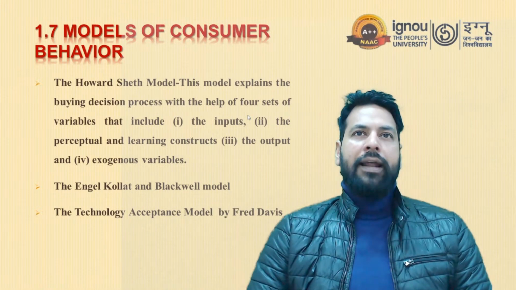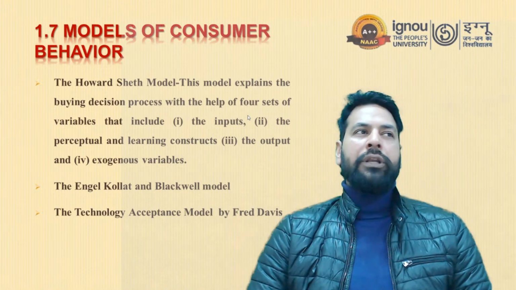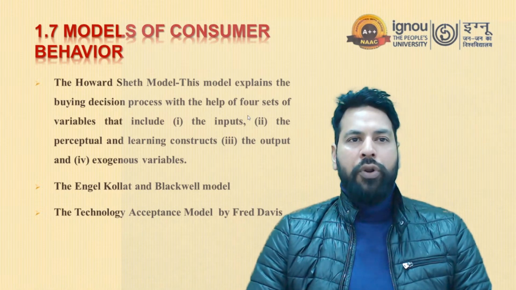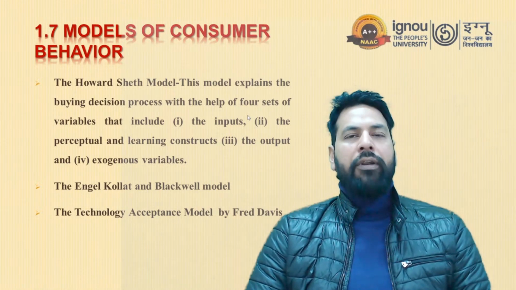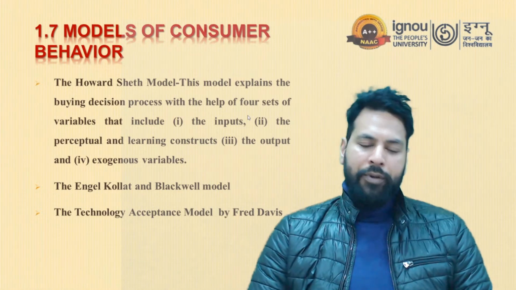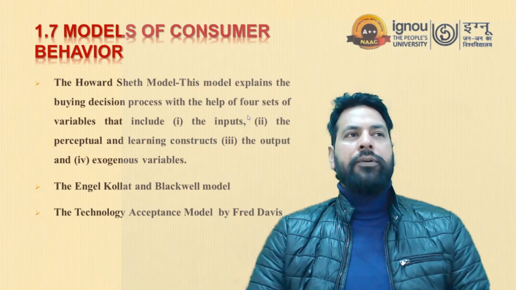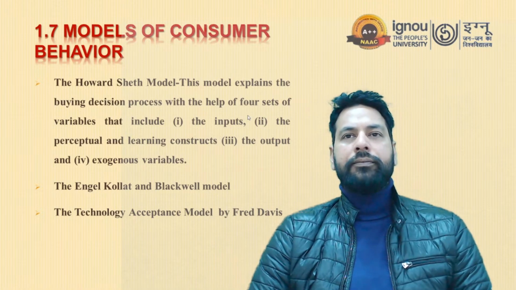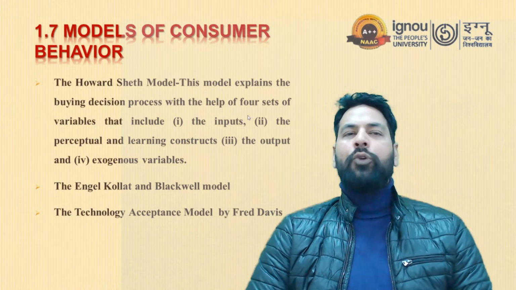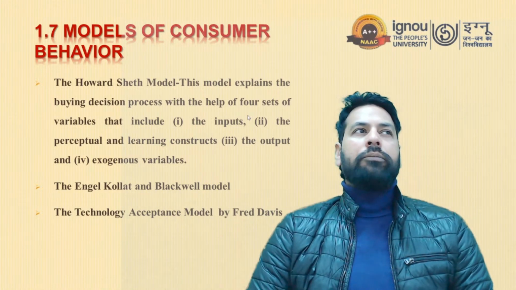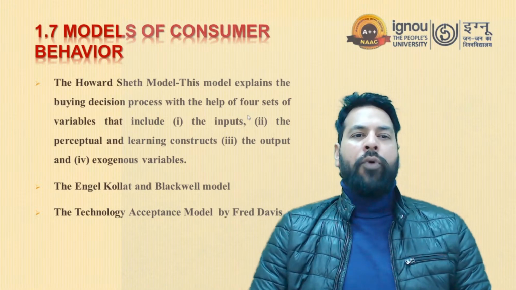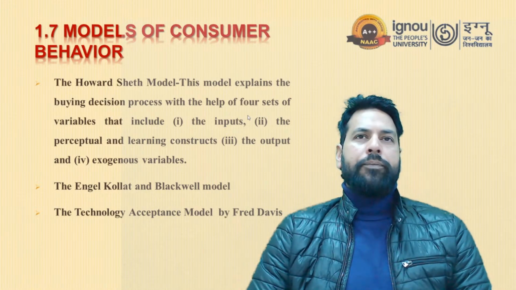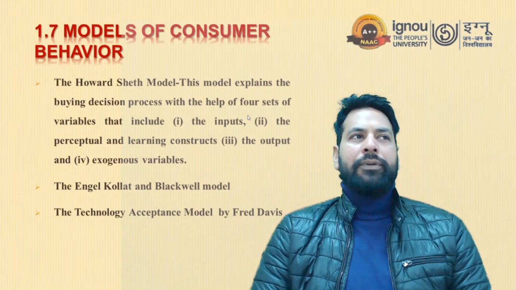Now, once you get that, you try to have your own opinion on the basis of what you have learned previously. It can be on the basis of your culture, your personal factors, your psychological factors. And output means what externally I'm getting. Output and exogenous variables.